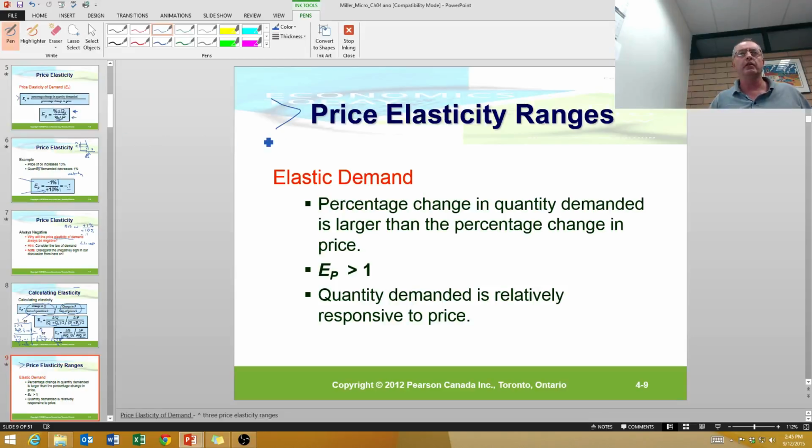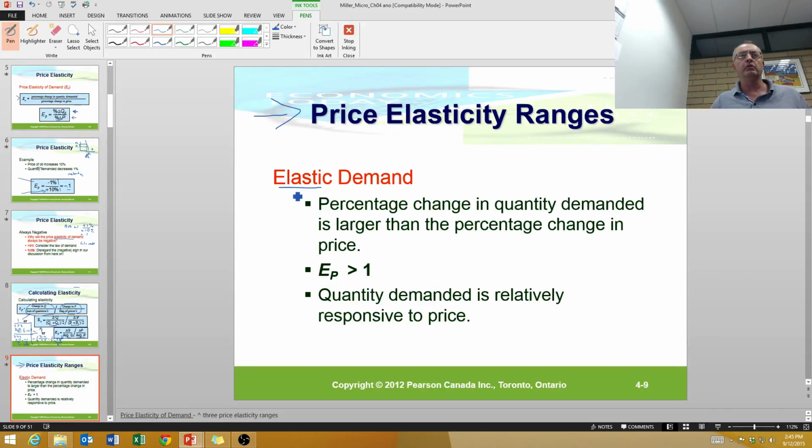With each one of these types of elasticities, we have three ranges: so-called elastic demand, inelastic demand, and so-called unitary elastic demand.